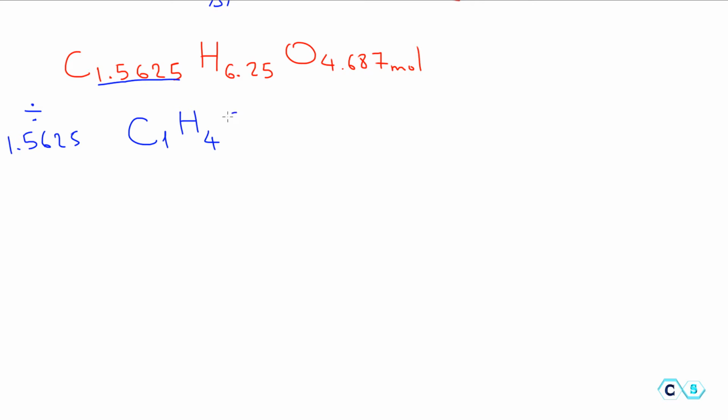And oxygen, if we divide the moles by this number, is going to be 3. And so this looks a lot better now. It's a formula with simple whole numbers, 1, 4, and 3. And this is actually the empirical formula of this compound.